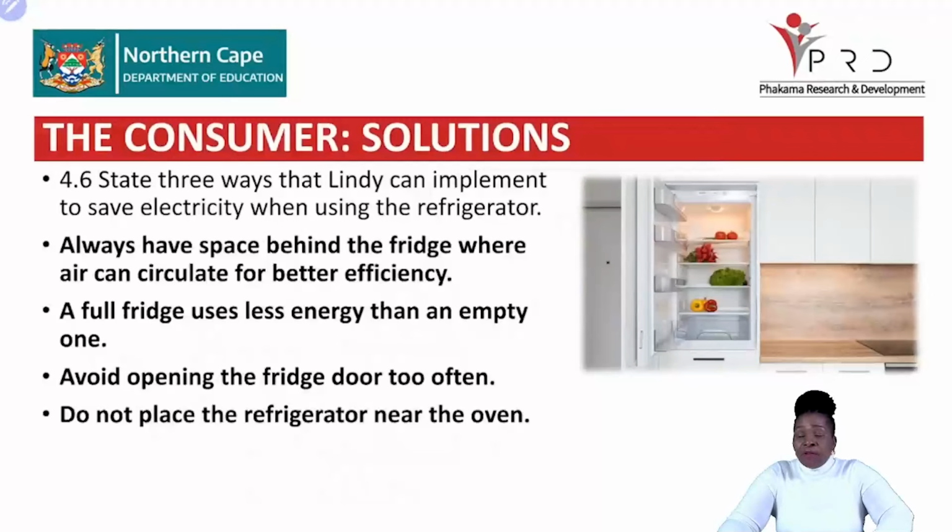It doesn't have to be exactly on the wall, but you must leave some space behind the fridge so that there is free circulation of air and the fridge could function properly. Right. A full fridge uses less energy than an empty one.